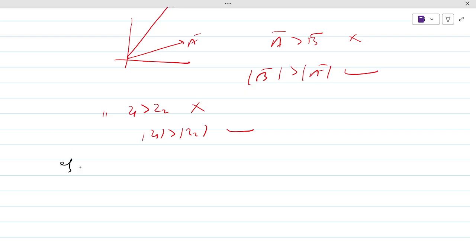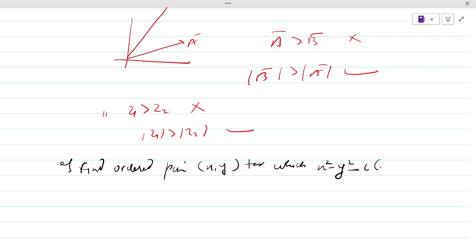Let's say the question asked is: find the ordered pair (x, y) for which x squared minus y squared minus i times (2x plus y) is equal to 2i. Clearly we can use the equality of complex numbers here.